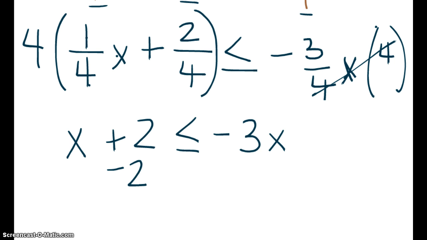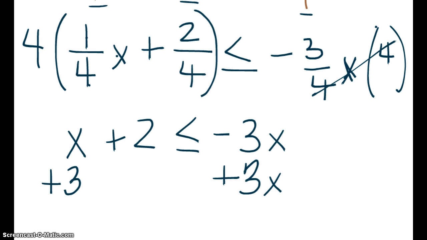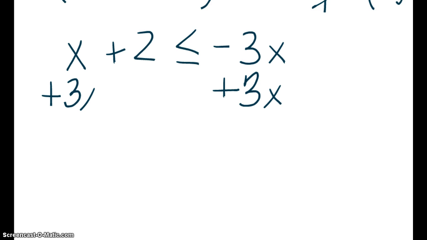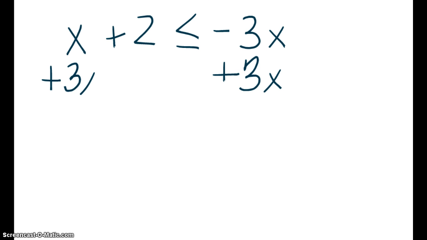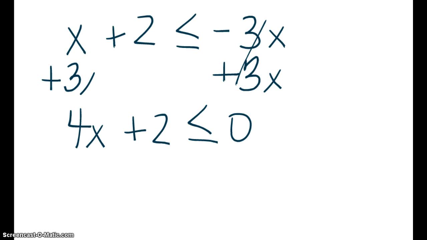I subtract 2, hold on, actually what I'm going to do first is add 3x to both sides. And I could have kept going, I just would like to get all my x's on one side first. So then I have 4x plus 2 is less than or equal to, I have nothing left, so I'm going to say 0.